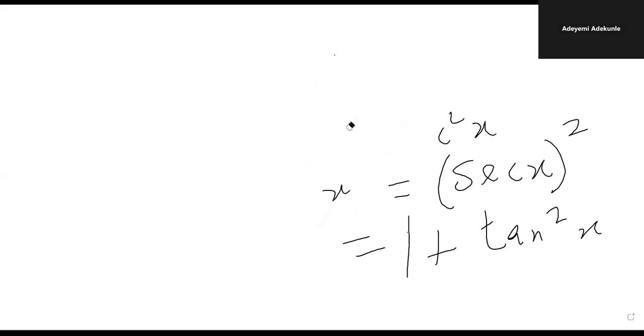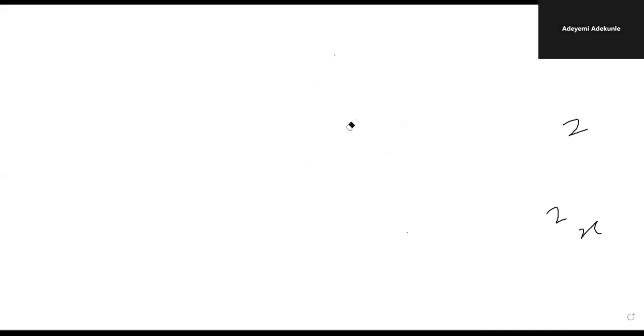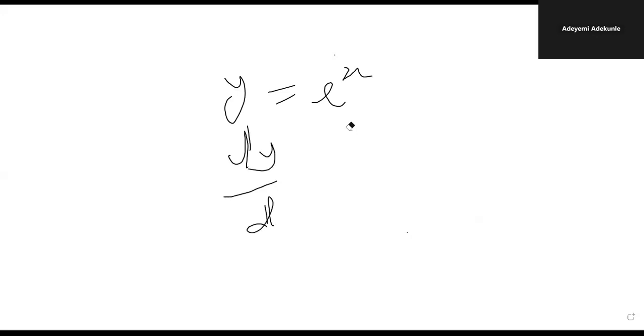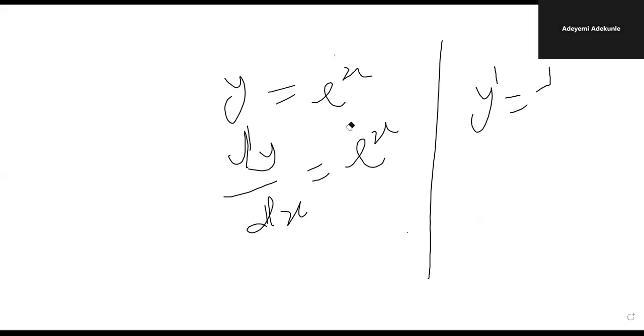All right. So moving on, there is another standard derivative that we must know. If our y is equal to e raised to power x, then dy over dx is also e raised to power x. Meaning that my y prime, which I already told you is the same thing as dy over dx, is equal to e raised to power x.